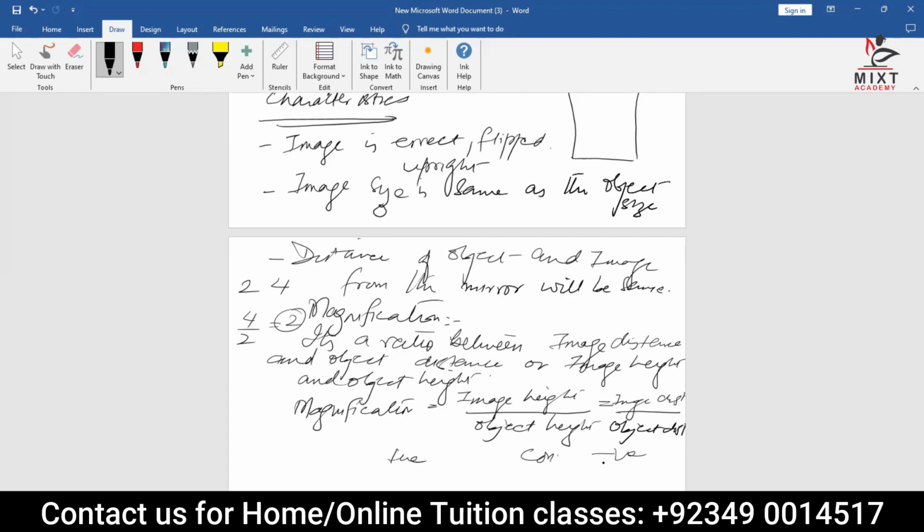Same thing if your image size is, let's suppose, 6 and your object size is 2. When you divide these, you get 3. It means this lens has the ability to enlarge your image by 3 times. So this number tells you how big your image can be by using that particular lens.